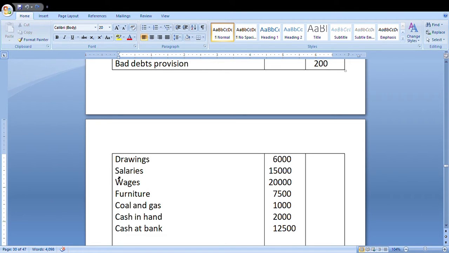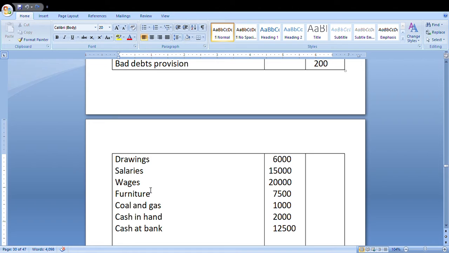Salaries. This enters the profit and loss account. Wages. This enters the trading account. Do you understand these? Salaries enter the profit and loss account. Wages enter the trading account. This is the difference.